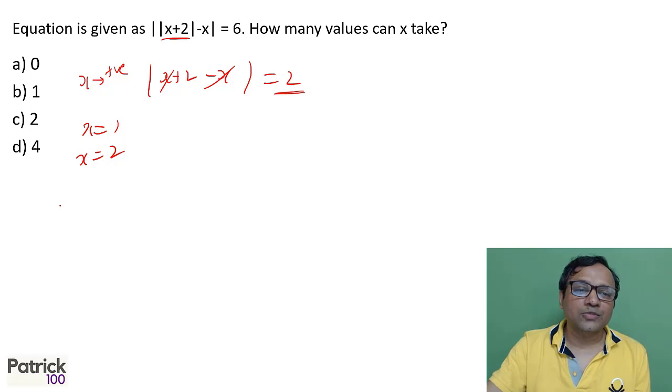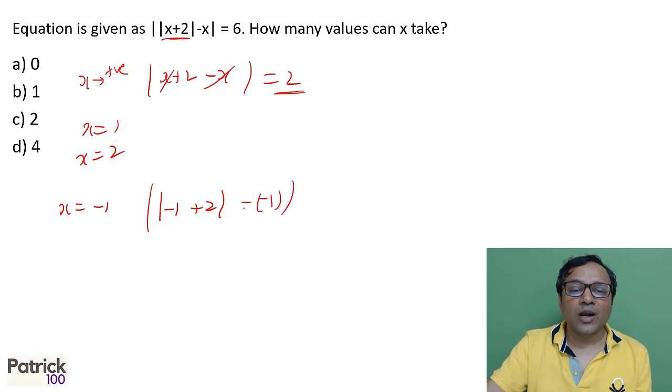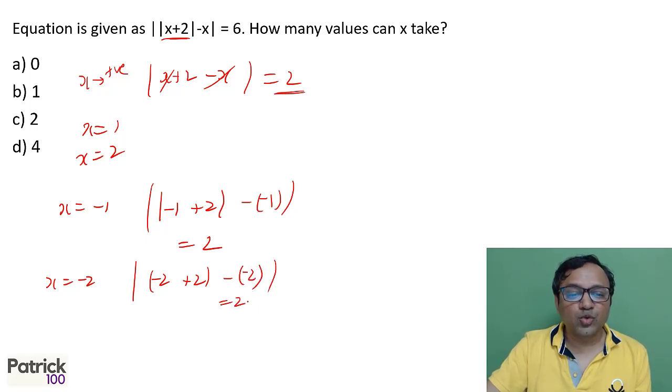Let's put a negative value. Suppose I put x equal to minus 1. What do we get? Minus 1 plus 2. Minus of minus 1. This becomes 1 plus 1, 2 again. Put x equal to minus 2. So what do we get? Minus 2 plus 2, 0, minus of minus 2. This becomes 2 again.